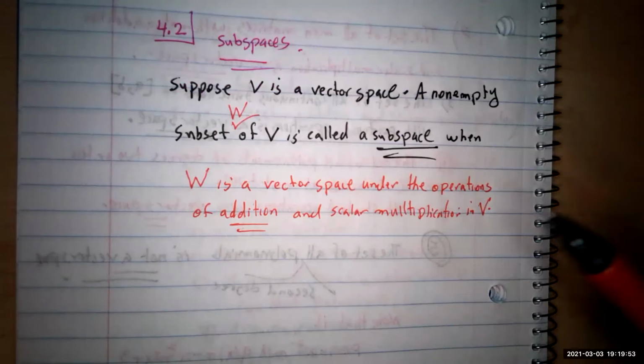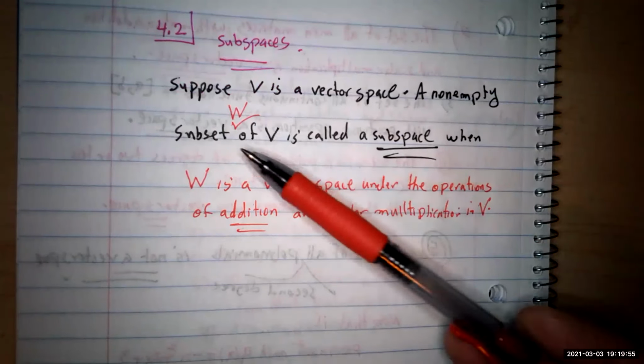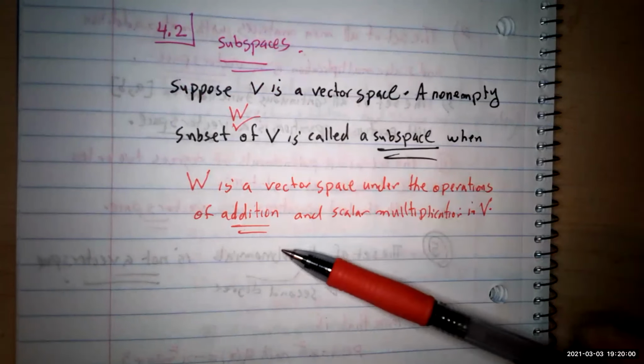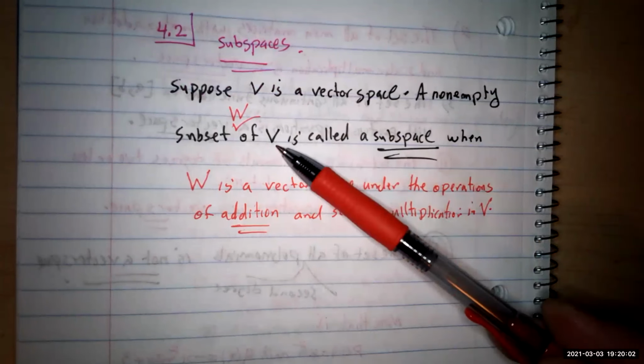If you pick a subcollection of V, a smaller set, you call it W, with the same operations, addition and scalar multiplication, that you already have on the big one.